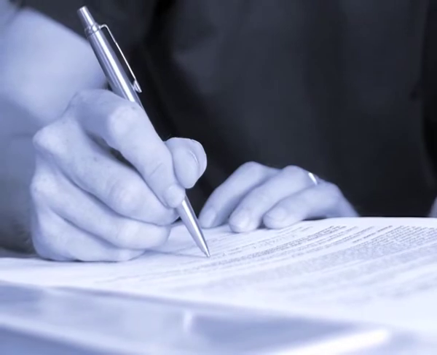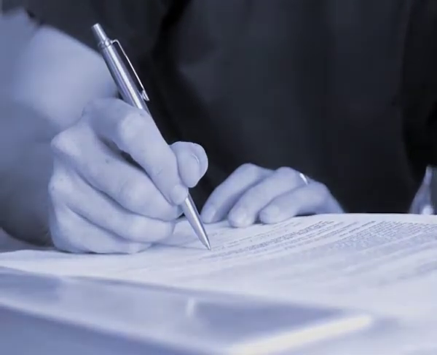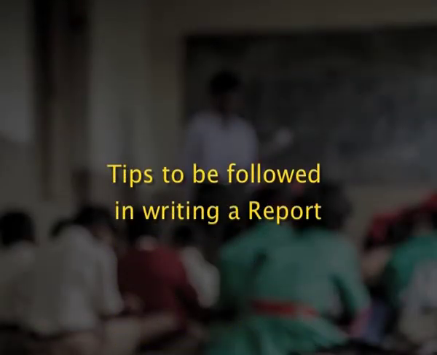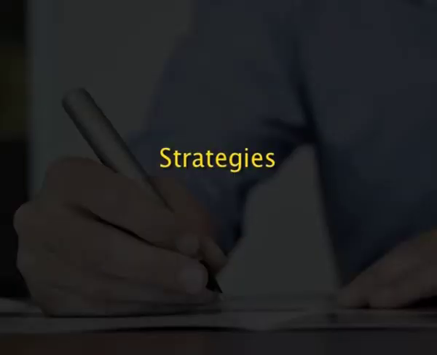Finally, let us discuss what are those steps that are to be taken in writing a report. In order to organize and present an effective report systematically, we have to follow some strategies.